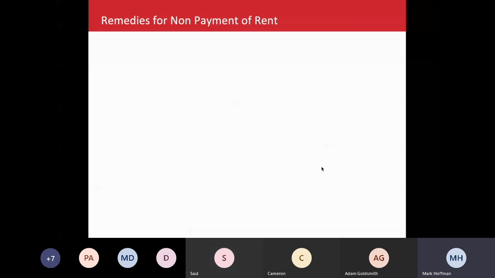Think about it logically. So you've now got some arrears, and you've now got a client that's saying, well, what are we going to do about this situation? What's the next step?